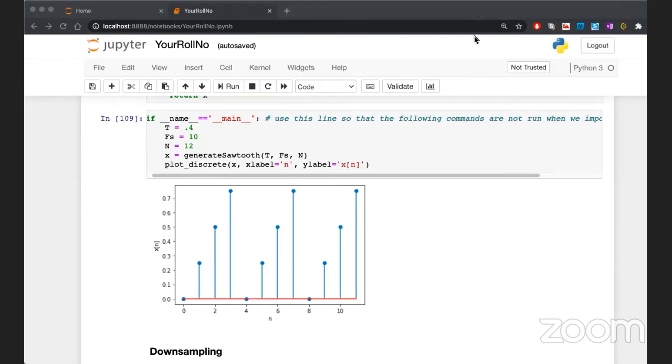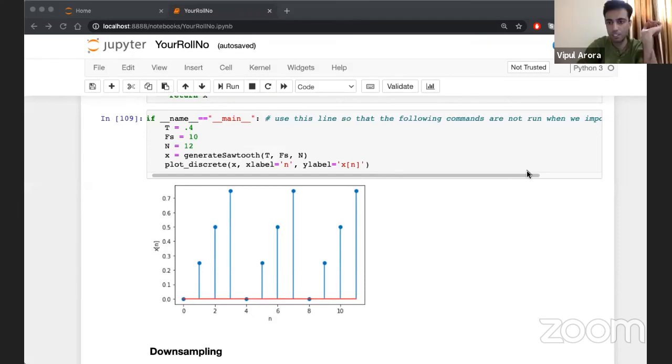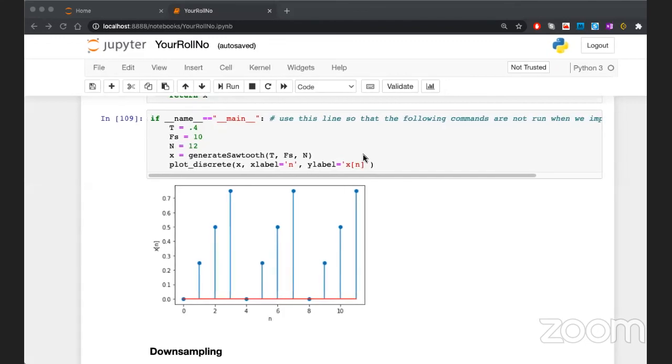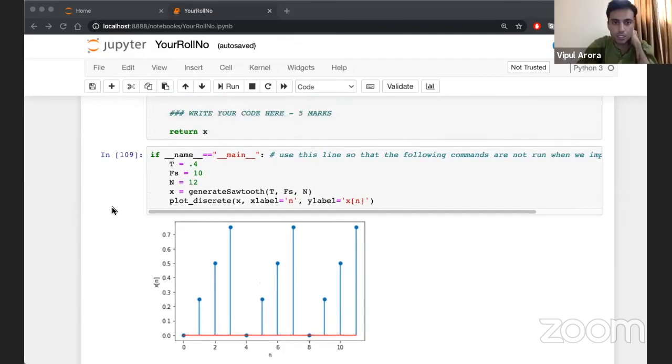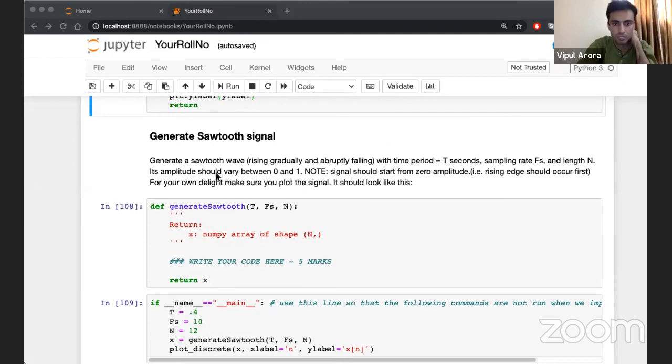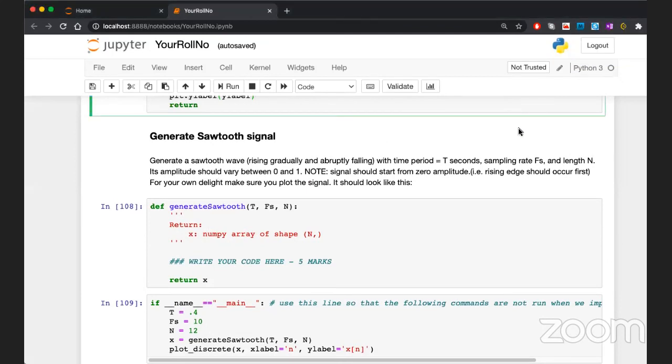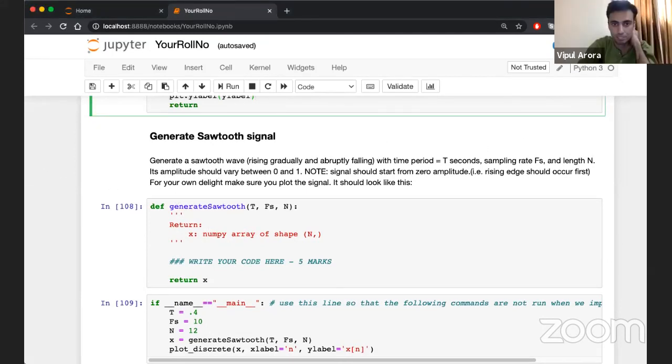Sir, one question. T should be 4 instead of 0.4. So this T is in seconds. If you see the question, capital T is the time period in seconds, and sampling rate Fs is in hertz. Okay, please note it down. This sampling rate Fs is in hertz.